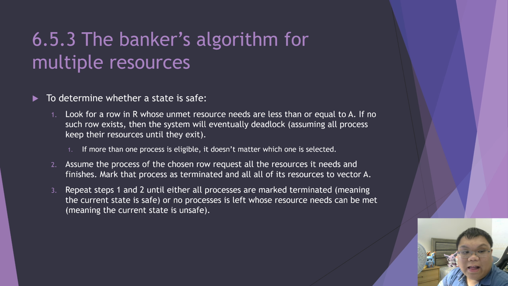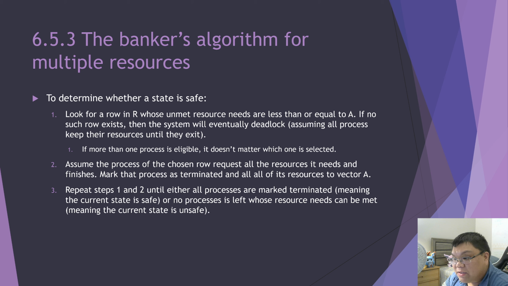So this is the algorithm for determining whether a state is safe. Number 1, look for a row in R whose unmet resource needs are less than or equal to A. If no such row exists, then the system will eventually deadlock, assuming all processes keep the resources until they exit. If more than one process is eligible, just pick one. It doesn't matter. Number 2, assume the process of the chosen row requests all the resources it needs and finishes.